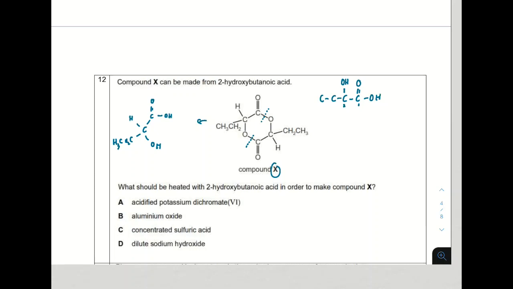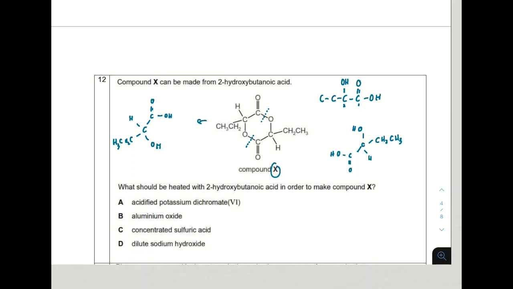The same pattern will come over here, where you have OH, and then C, CH2, CH3, H, C double bond O, and then OH.